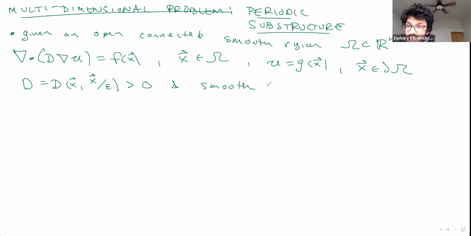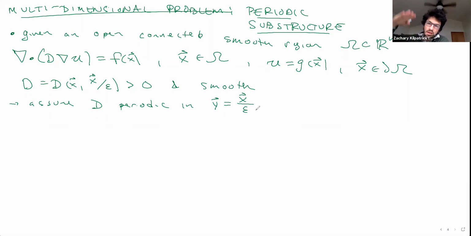Okay, and to make things a little bit easier, we're going to assume that D is periodic in y. So you may have some substance that is roughly periodic. Maybe you have different strata of some rock layer that arises with some regular periodicity.